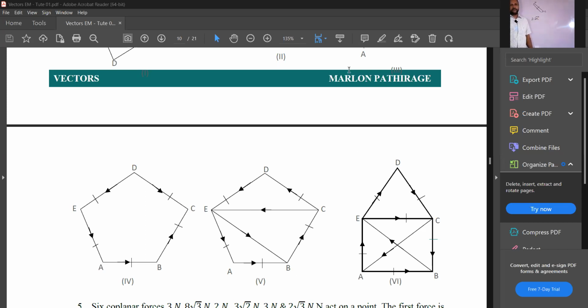These are in order. Therefore, the resultant should be, what is it? CB. Therefore, the answer for the second one is CB.